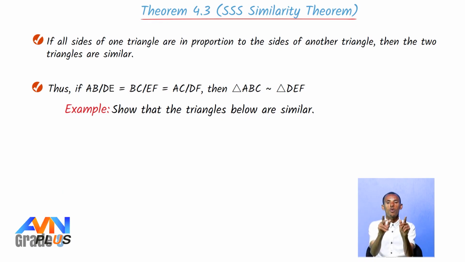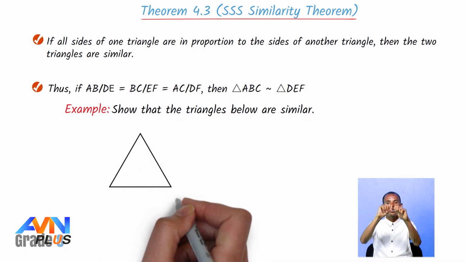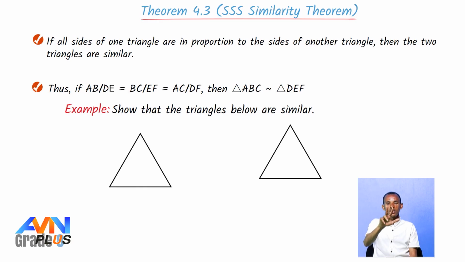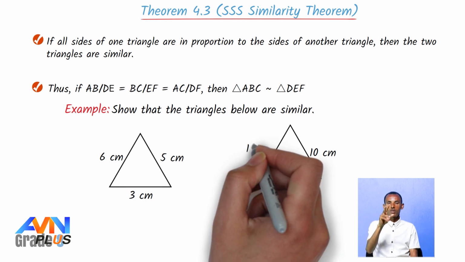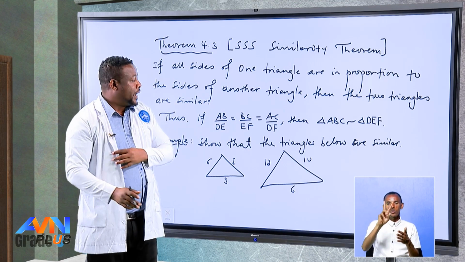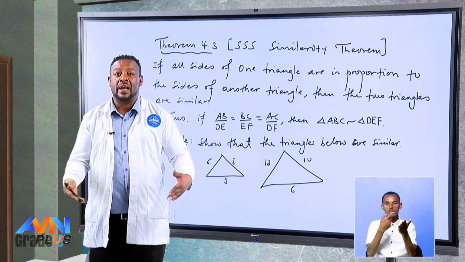Okay, suppose we have two triangles with side lengths 3, 5, 6, and the other triangle, say 6, 10, 12. Here we are asked to show that these two triangles are similar.